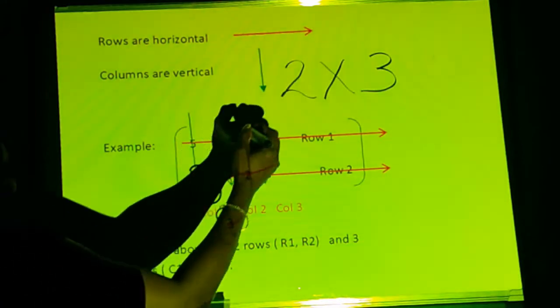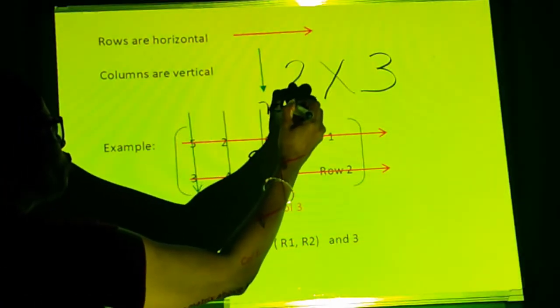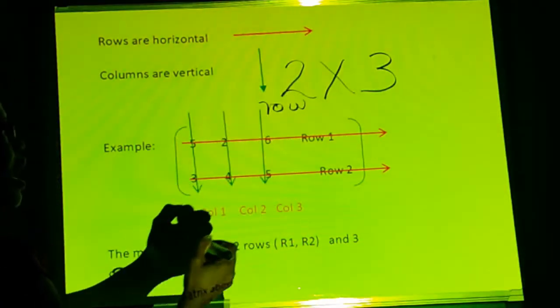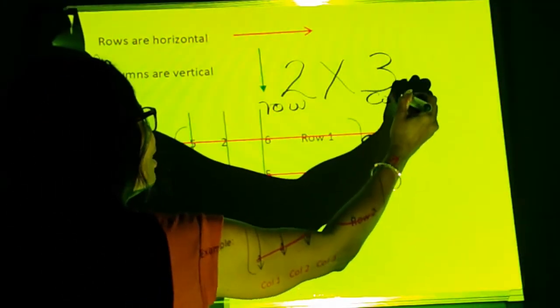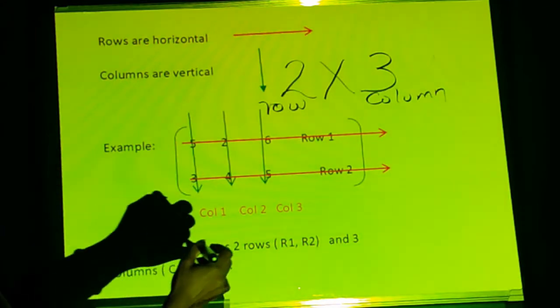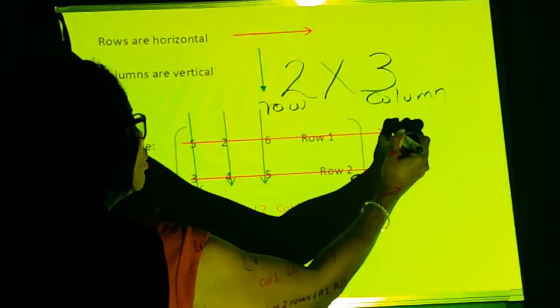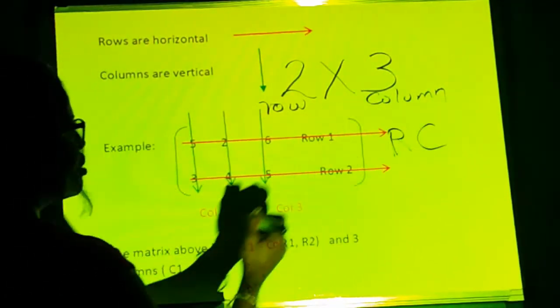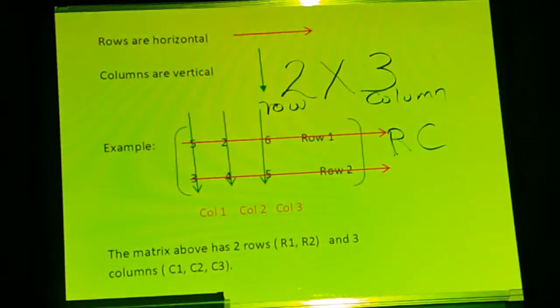I wrote the number for rows first and columns next. Like Roman Catholic, there is an order in which we write the size of a matrix. So if you remember Roman Catholic, you won't write the 3 before you write the 2. Okay? Moving on.